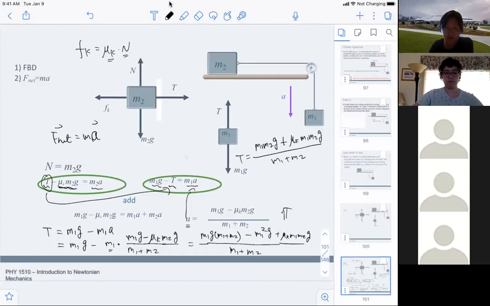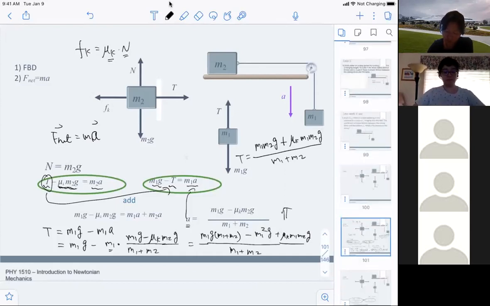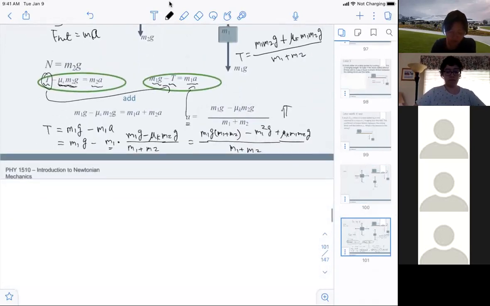So you can see that if I were to do the shortcut, I can get my acceleration a little bit faster. So I'll show you how. If I were to view M1 and M2 together as an entire piece, so this is my M2, this is the M1.